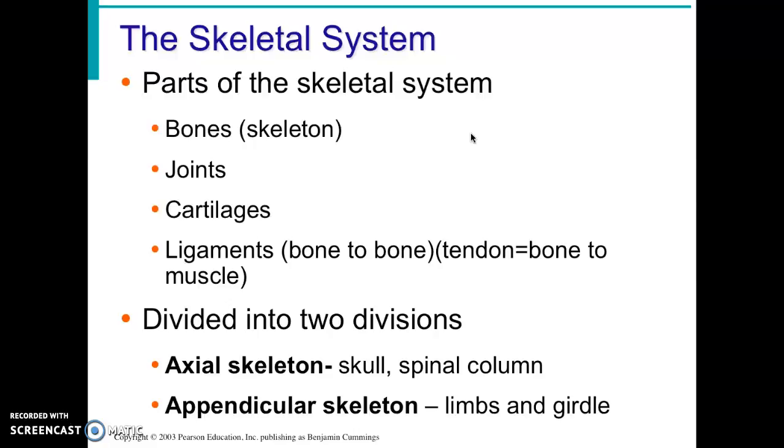The skeletal system is divided into two divisions: the axial skeleton and the appendicular skeleton. The axial skeleton includes the skull and spinal column, and the appendicular skeleton includes limbs and girdle.